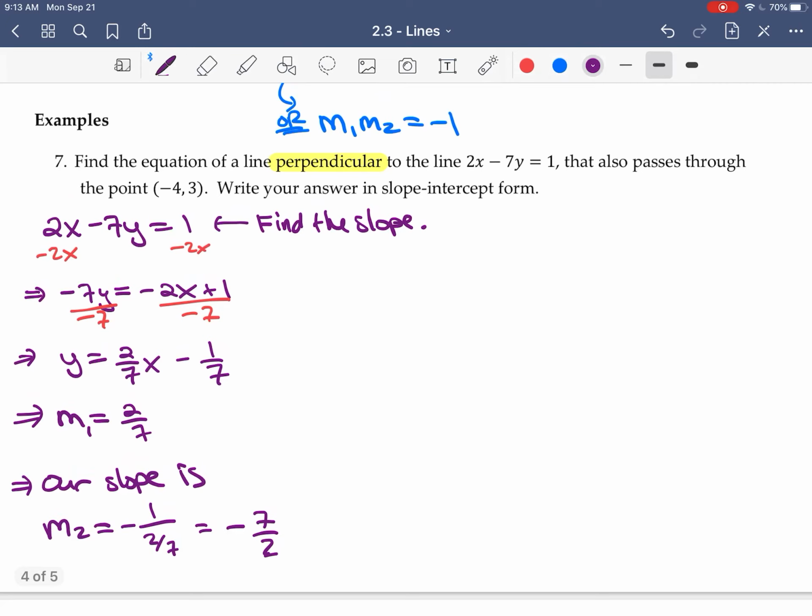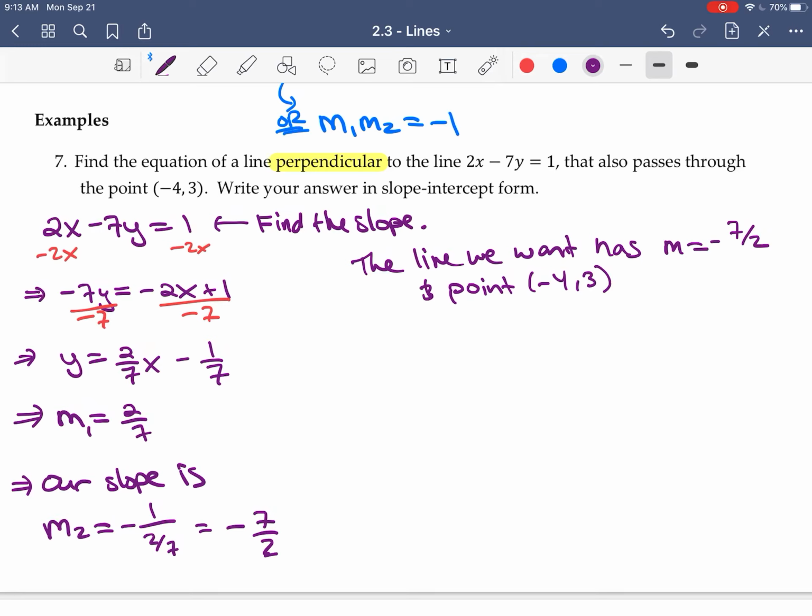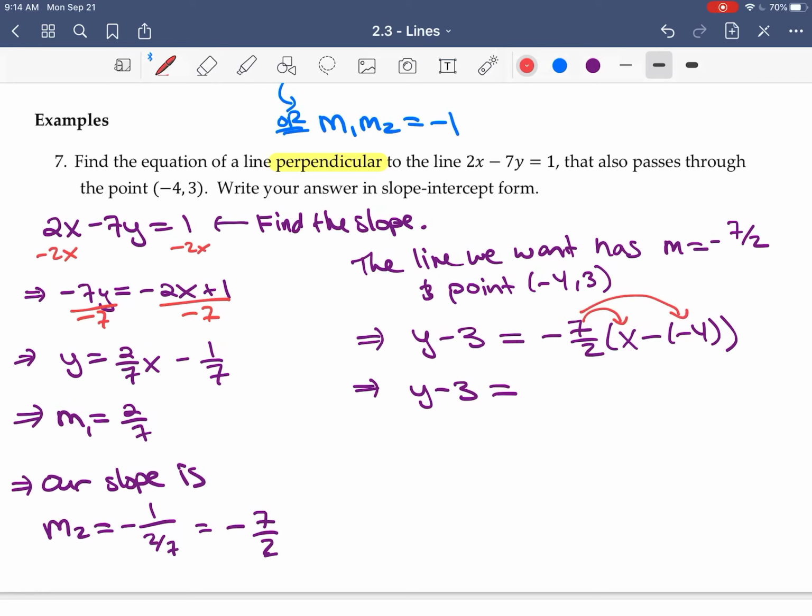Now for our line, the line we want has slope -7 over 2 and point -4, 3. So we can use the point slope form to say the equation should be y minus y1, so y minus 3, is equal to -7 over 2 times x minus -4. And we want it in slope-intercept form, so I want to simplify this. I'm going to expand this through.